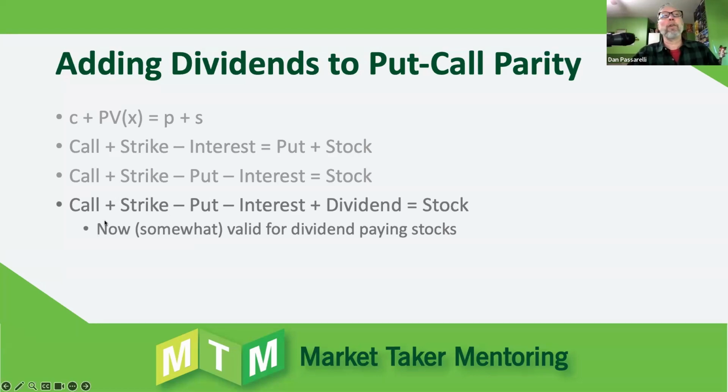If we account for the dividend, well, we kind of have to do the opposite, because if I own the stock, I get the dividend. So this stock is worth stock price plus dividend at some future date. But if I am long the call and short the put, I don't get the dividend. So in order to make this equal, the stock price and the dividend, I've got to add it into the long call short put side.